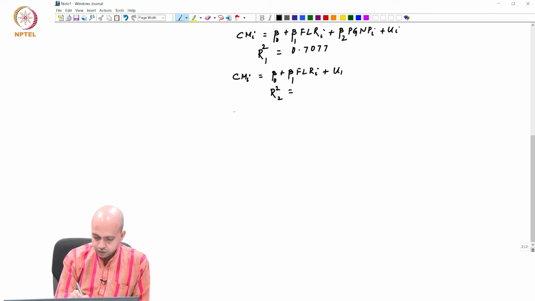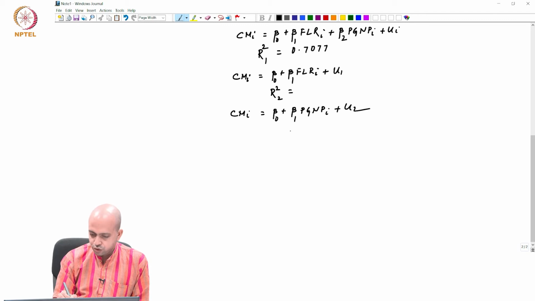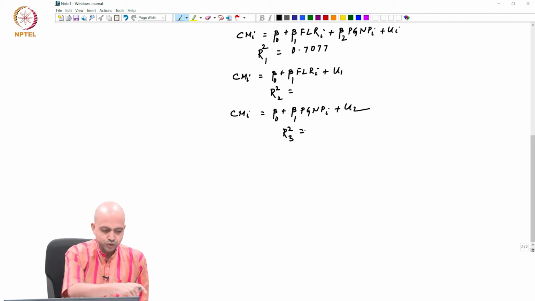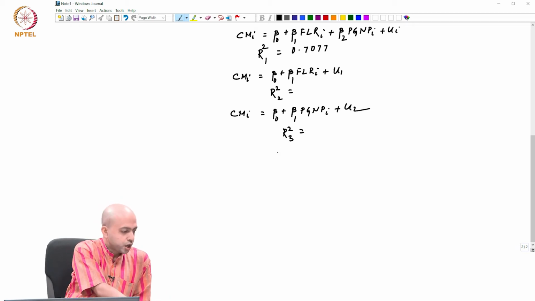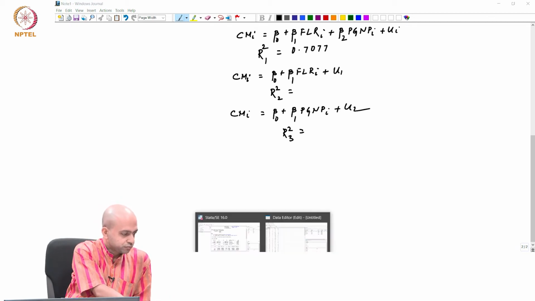Then we will run this model also, CMR equals beta 0 plus beta 1 PGNP plus U2, and we will call this R square, let us say, R square 3. So, we will now report R square 2 and R square 3, and we will see.